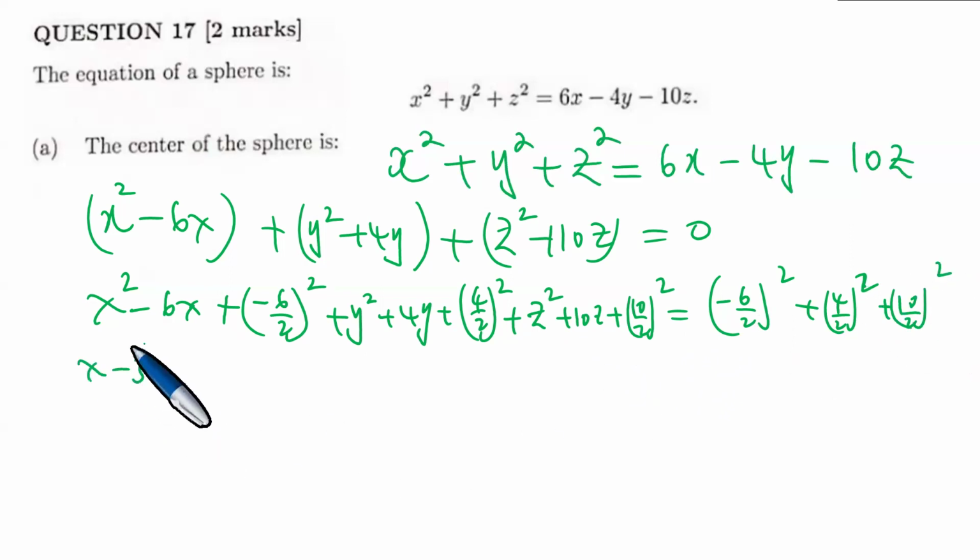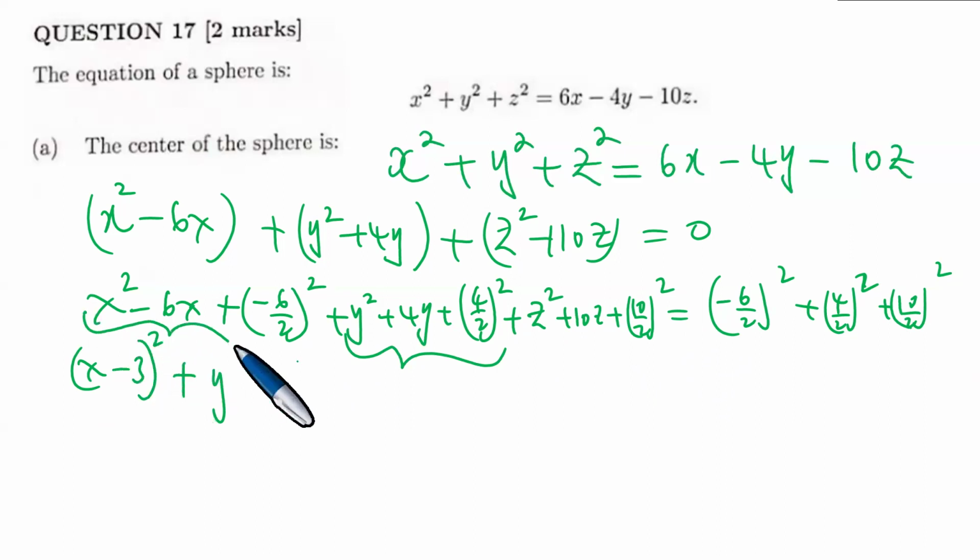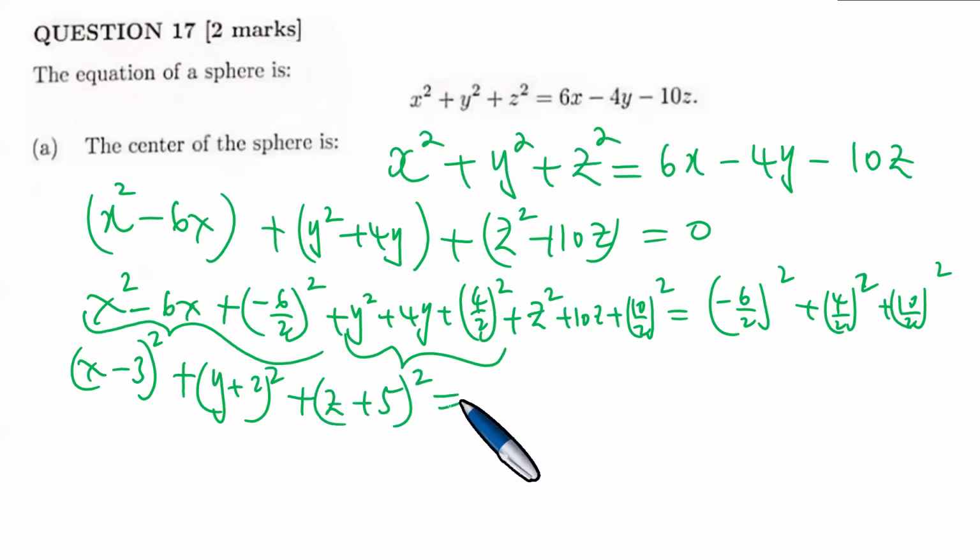Which means you have x minus 3, you square it, and this becomes the perfect square. For the y terms, you're dealing with y plus 2 all squared. For the z terms, you're dealing with z plus 5, you square this. Because if you square z plus 5 all squared, it becomes this.